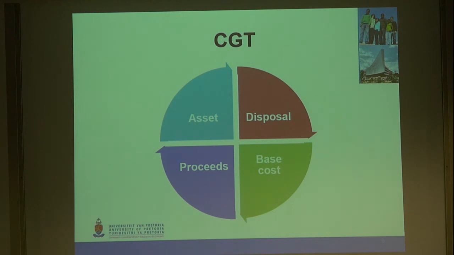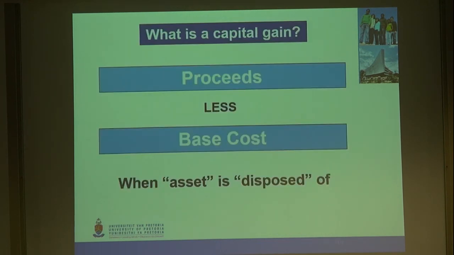Selling of an asset, but it's more than that. And then the calculation, our calculation for tax says proceeds minus base cost. So we need to figure out what is proceeds in terms of CGT and what is our base cost in terms of CGT. These are our four building blocks of CGT, and we will spend a little bit more time on them in our next class.